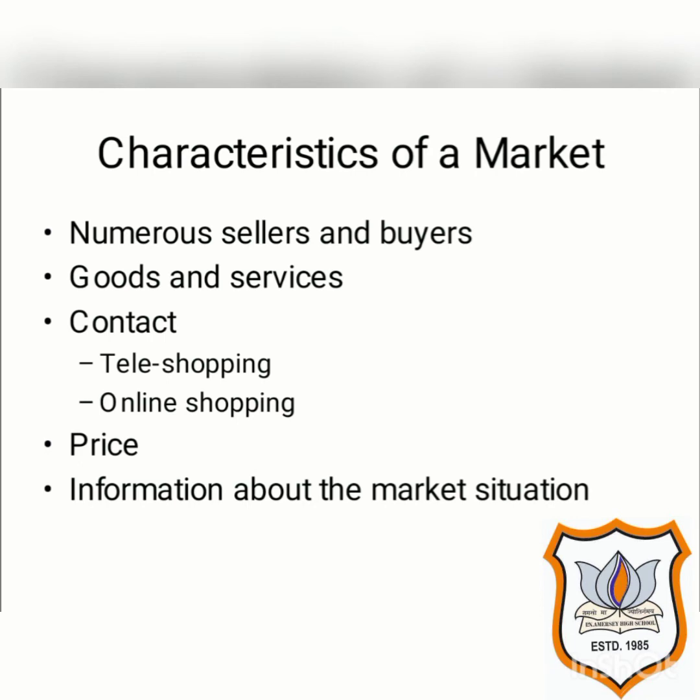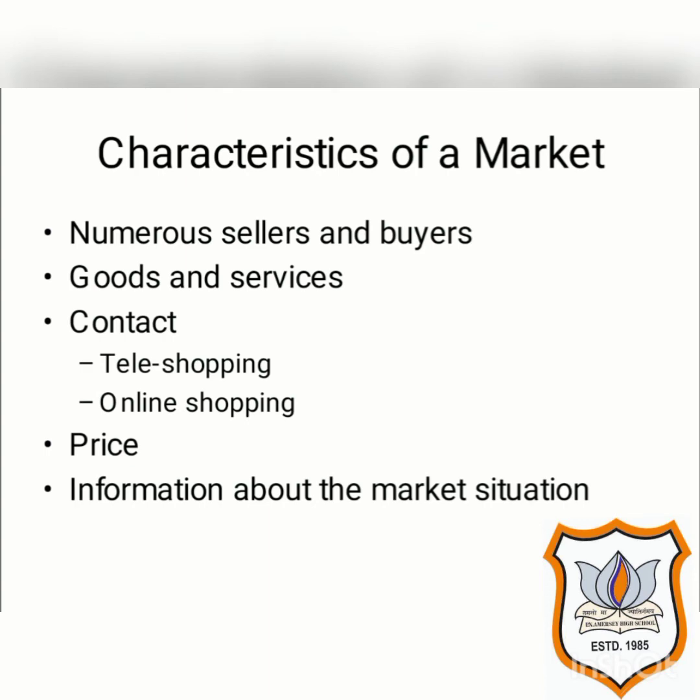The buyers and sellers can come into contact either directly or indirectly, as we have seen in the meaning itself. Normally, the buyers and sellers can get into indirect contact through the following means. First one is teleshopping. Here tele can be connected with the word telephone.